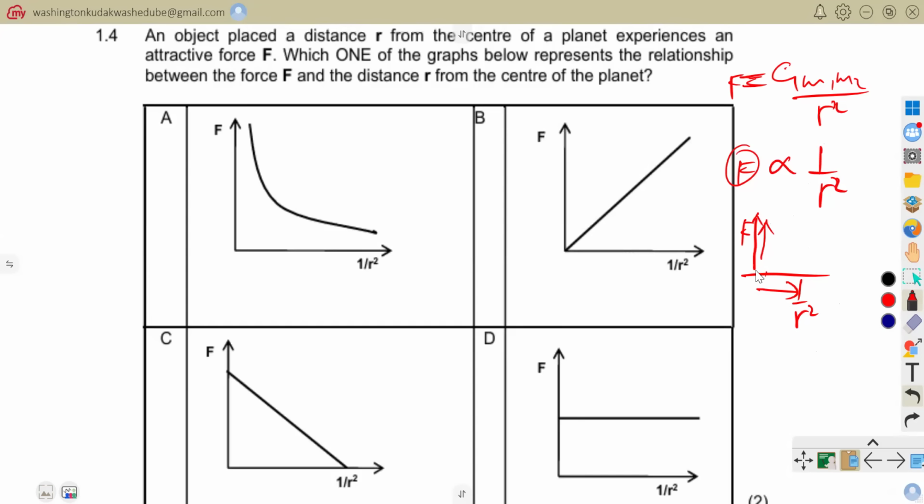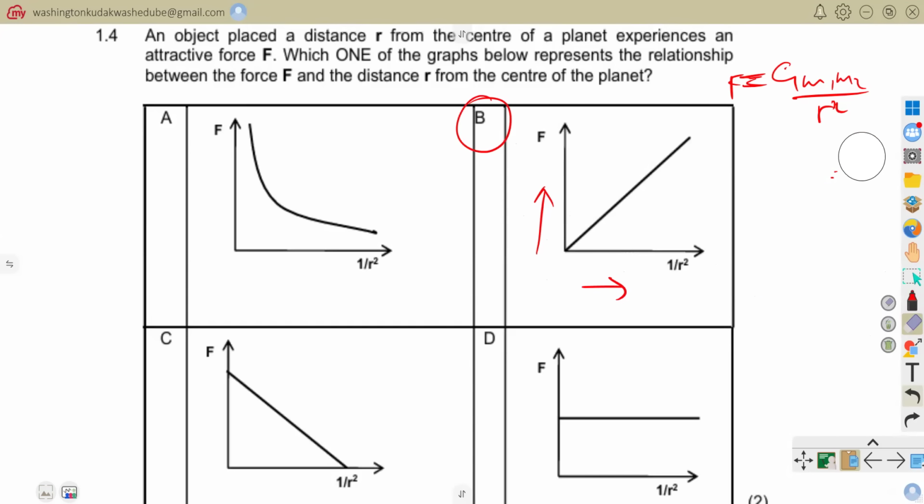So you will see that you would have a linear relationship. So we are looking for a graph that looks like this. And that graph becomes B, where whenever our 1 over r squared is increasing, our F increases. That's why we've got a linear relationship like that. So that becomes our answer there.